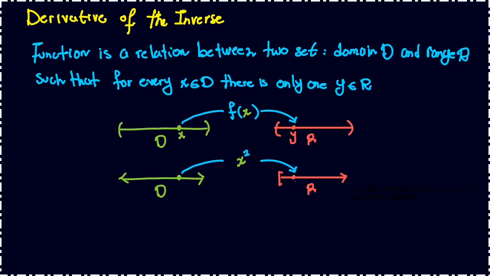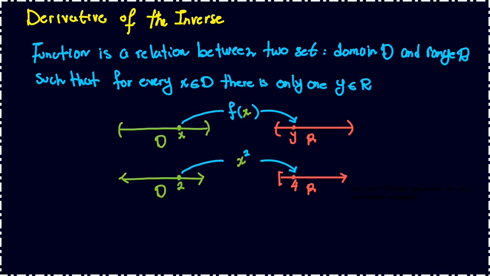And we take a number in the domain such as 2. And what the function does is that it takes 2 in, it squares it, and it gives you one answer only. And that answer is 4. So here we have an example of a function f of x equal to x squared.